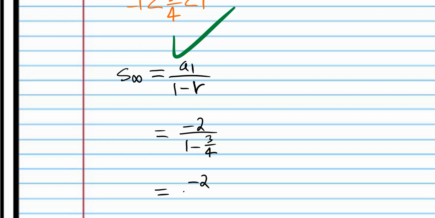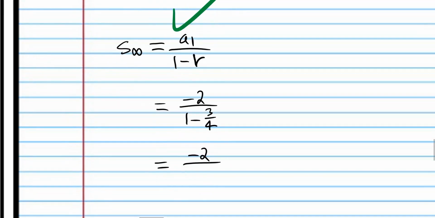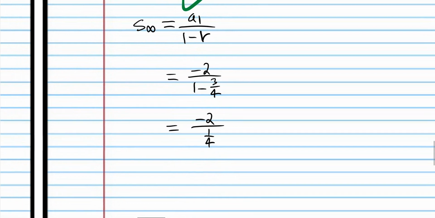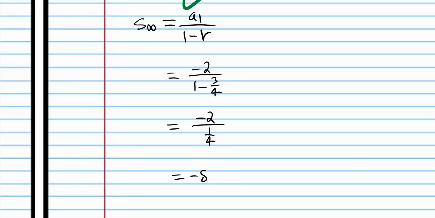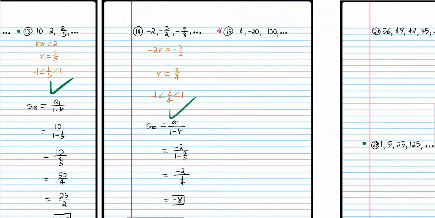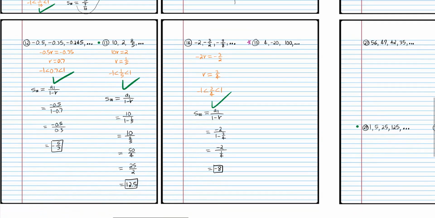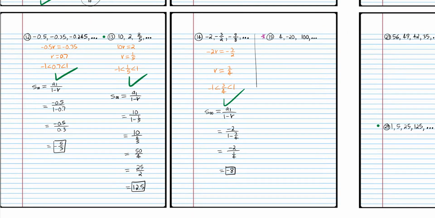So we have -2 over 1/4, which simplifies to -8. Did you get that right? Excellent. Go ahead and try number 15, and when you come back, we'll do it together.